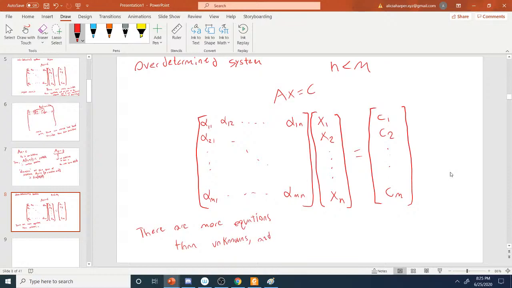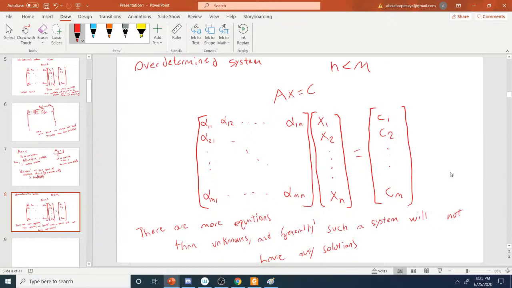And generally, such a system will not have any solutions. And I say generally because this is not always true.